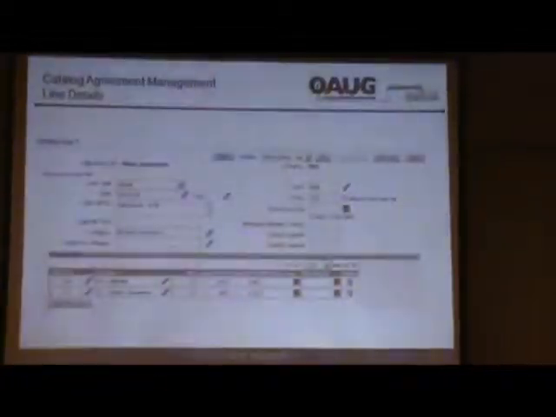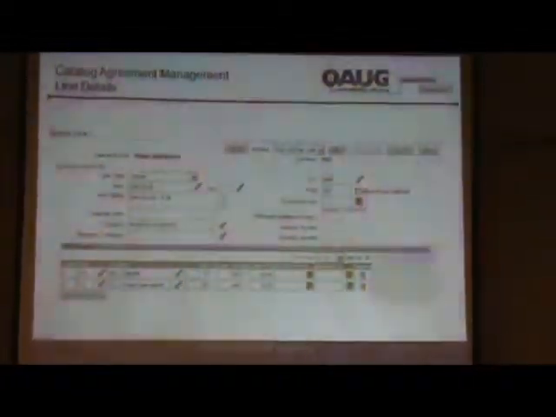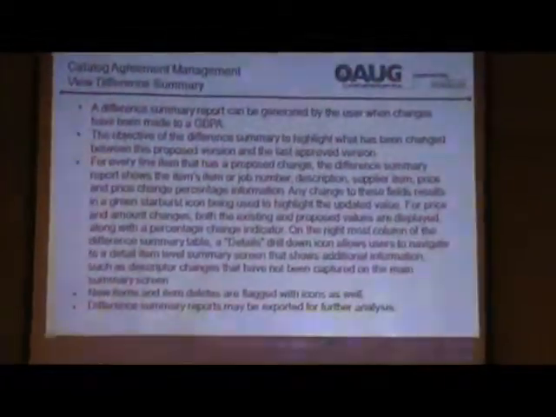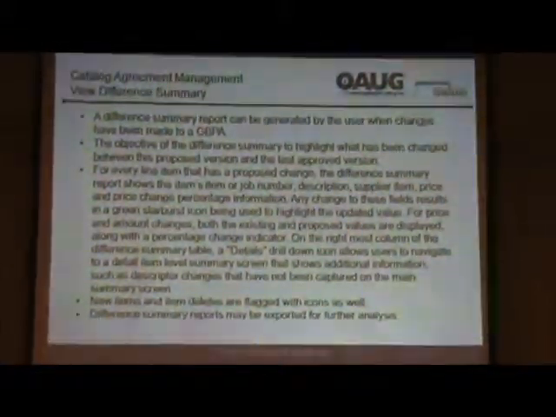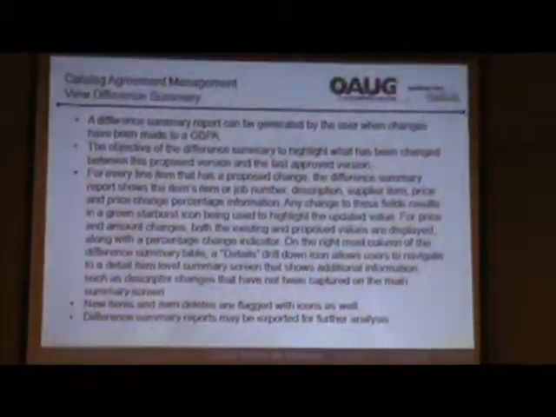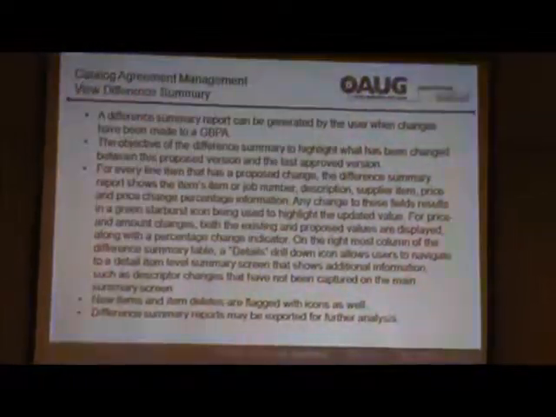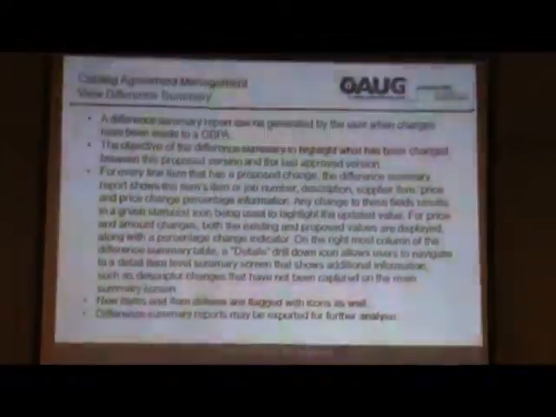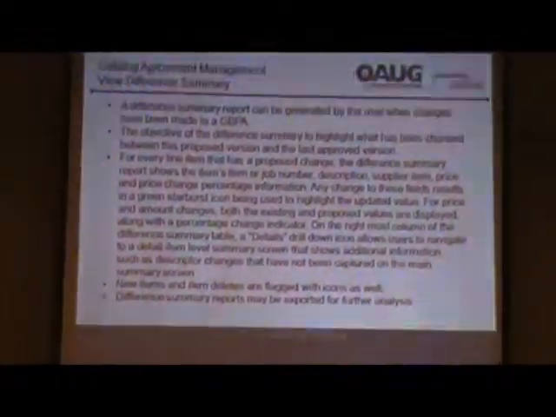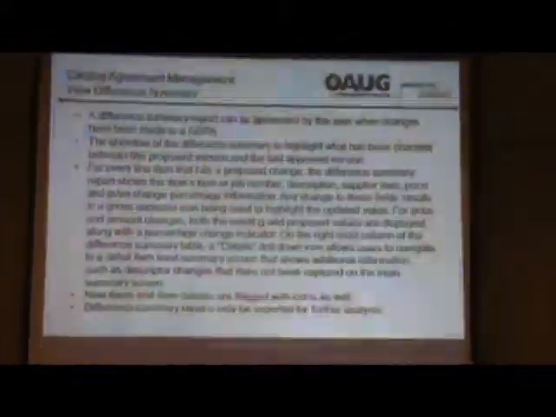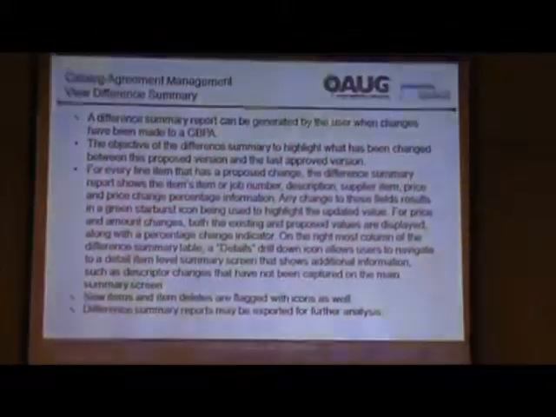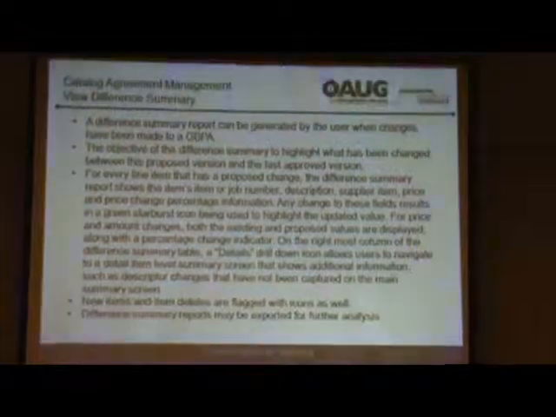The next action is a feature called view difference summary. This feature may not be used the first time, but when in future there are any changes, let's say the supplier has some changes for certain lines on the agreement, those need to be accepted by the buyer.